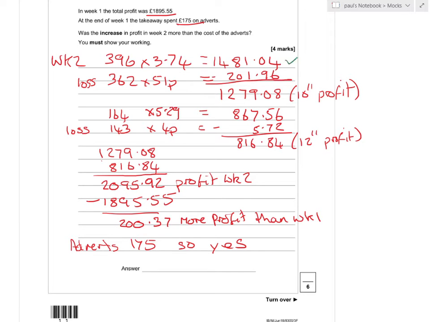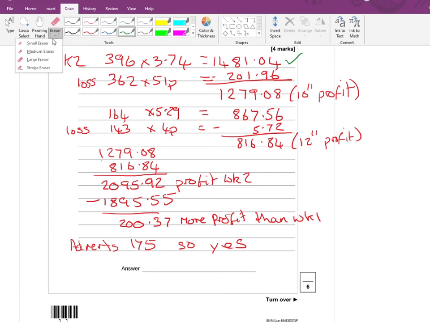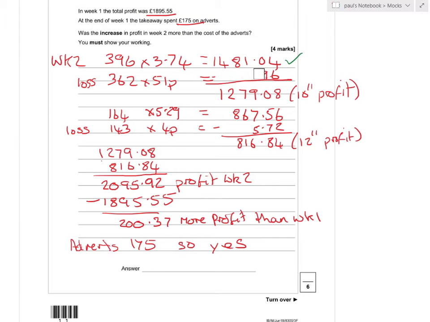396.374 was 1481, yes. 362.51 is 18. Oh, that's the wrong number. 362 times 0.51 is 184. 362 times 0.51 is 184. Yeah, so that, hang on, that now is a different number. Okay.